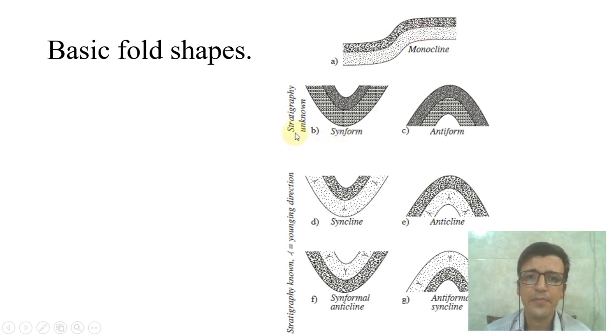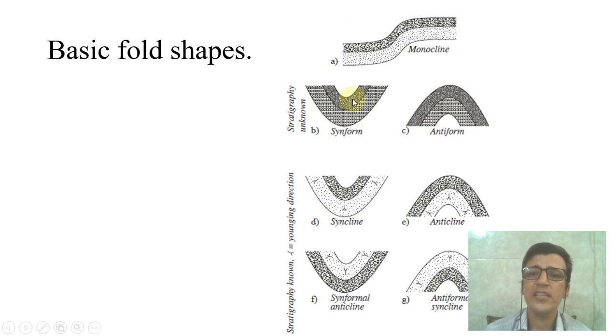Okay, in the next stage, B and C, stratigraphy is unknown. In B and C, we don't know which layer is newer and which layer is older.